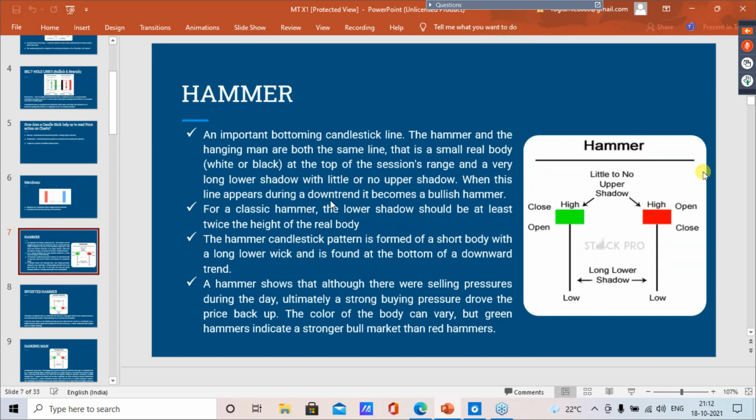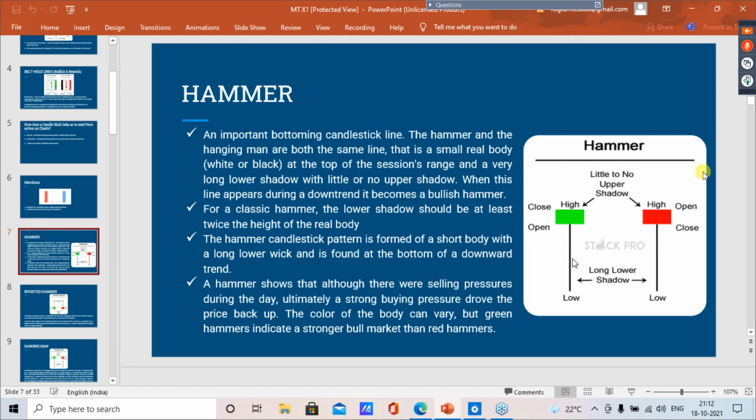Hammer is one of the wonderful concepts where a bullish hammer can be of any color. The functionality of bullish hammer is that it acts as a reversal pattern. We have a lower shadow region.